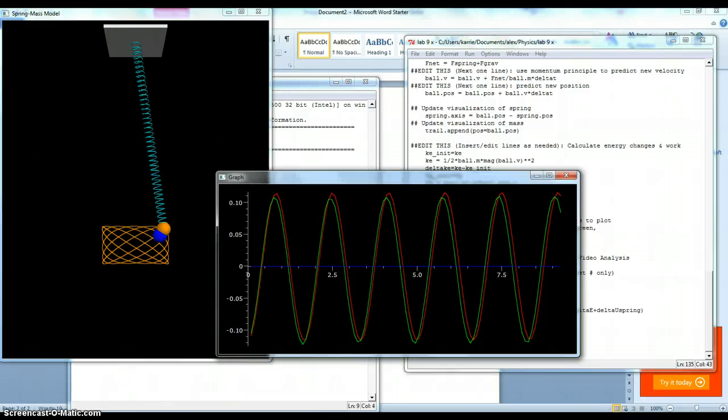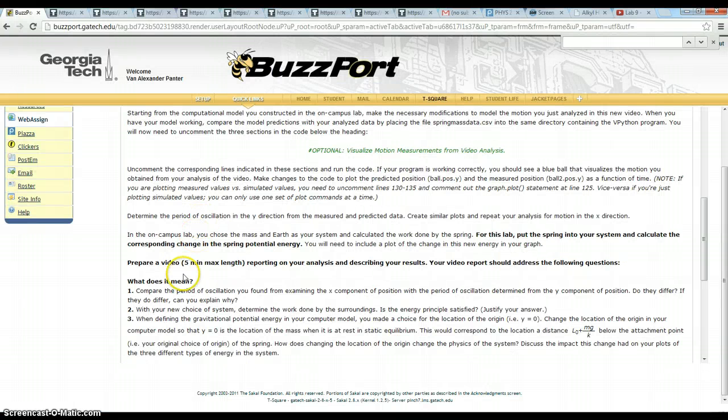For our last part, the question is, when defining gravitational potential energy in your computer model, you made a choice for the origin, and you change the location of the origin. Changing the location would only change the positioning on the graph.